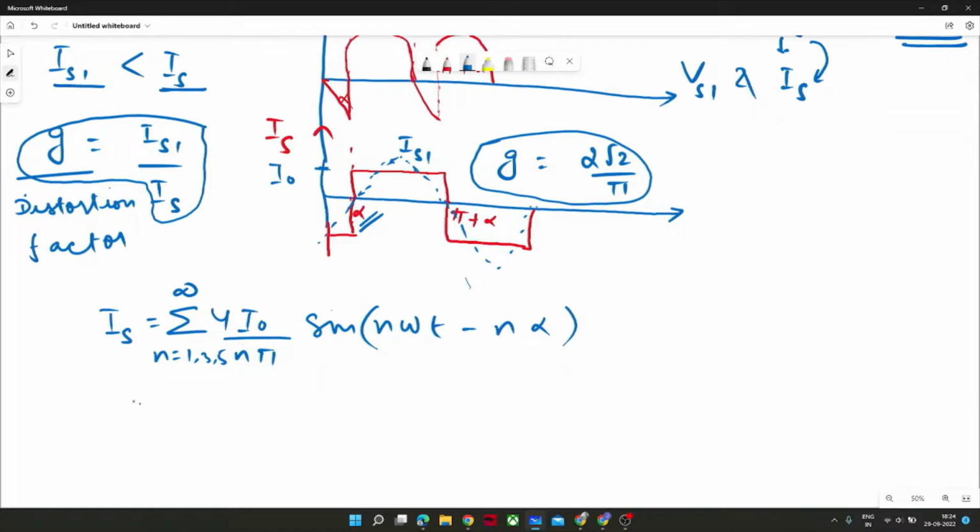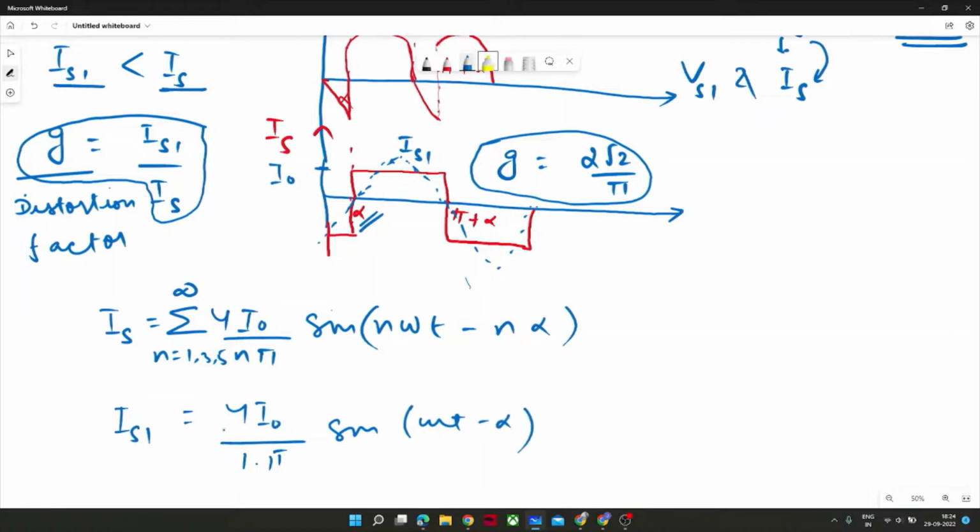Any issue till this point? So, if I move ahead, I will try to compute IS1 RMS and IS RMS. First I will write what IS1 would be: 4 I naught by 1 into pi, because n will be 1, sine omega t minus alpha.